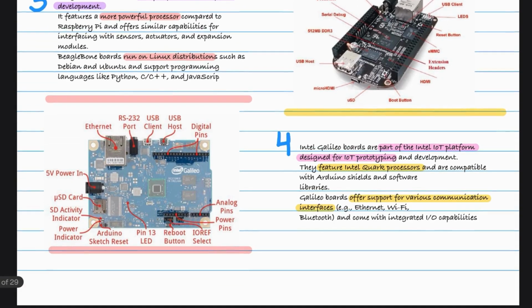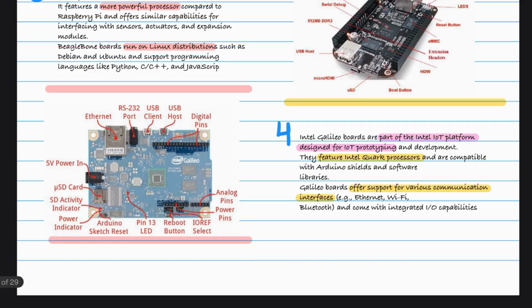And then we have Intel Galileo, which was Intel's entry into the IoT prototyping market, and it bridged the gap between both worlds. It features a low-power Intel Quark processor running a lightweight Linux distribution, yet it is explicitly Arduino certified.